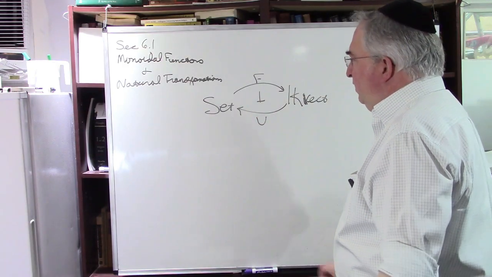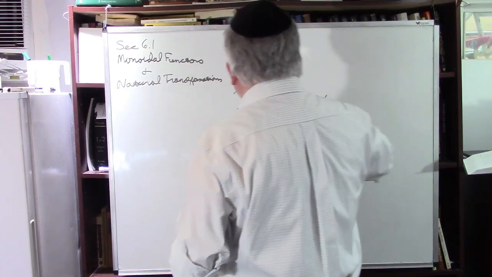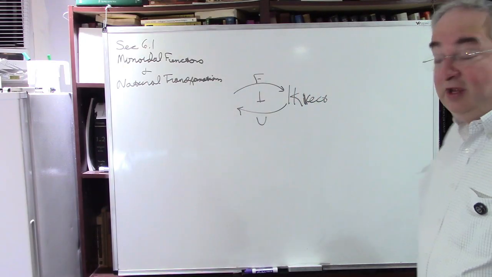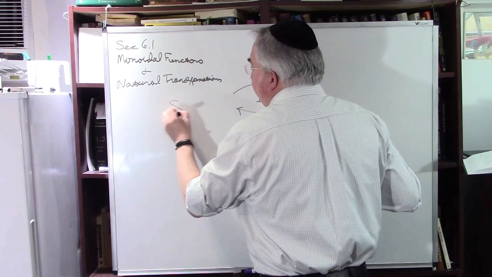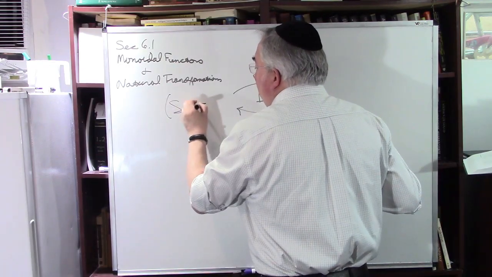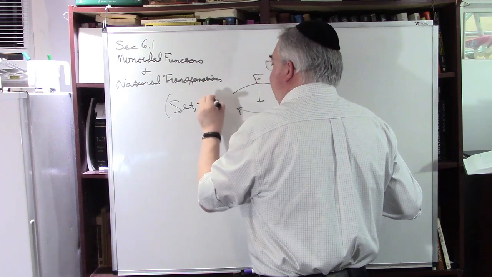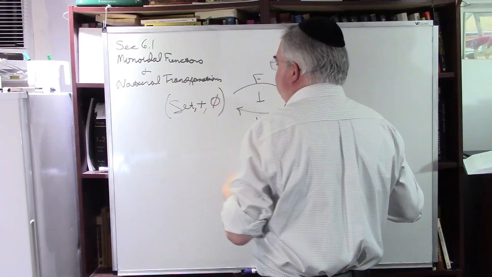Very nice. Okay. But that's looking at sets and k vector spaces as just categories, but they're not just categories. Set has disjoint union, okay? And the empty set is the unit.